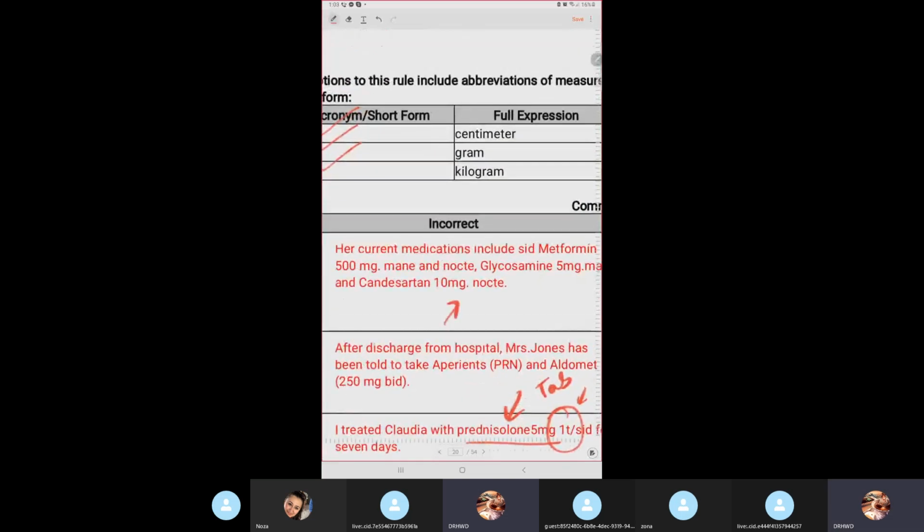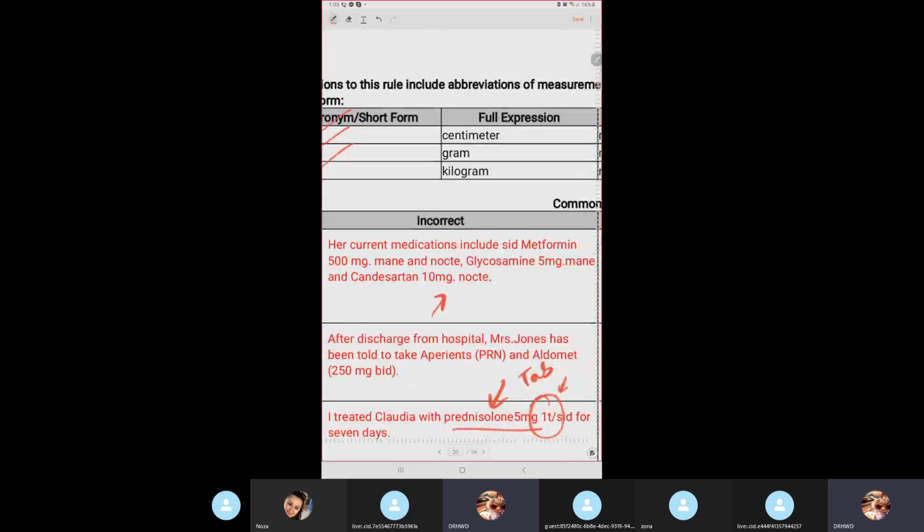Here: her medication include SID metformin 500 milligram main and nocte, glycosamine main, and candistatin nocte. Her medications include metformin 500 milligram once daily in the morning and evening, glycosamine 5 milligrams in the morning, and candistatin 10 milligram in the evening.